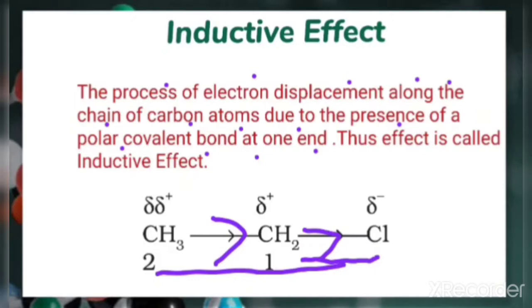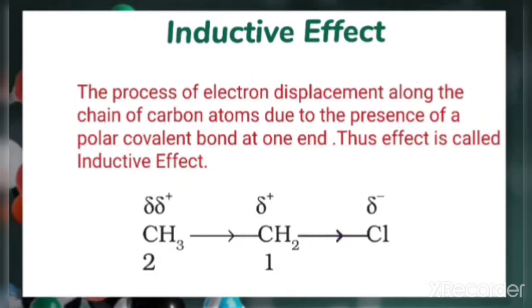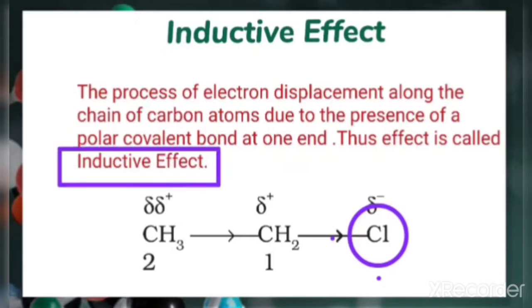That is due to the presence of a more electronegative element, that is Cl. Due to this, the bond is a polar covalent bond. This effect, the displacement of electron along the carbon chain due to the presence of a covalent bond at one end, is called the inductive effect.